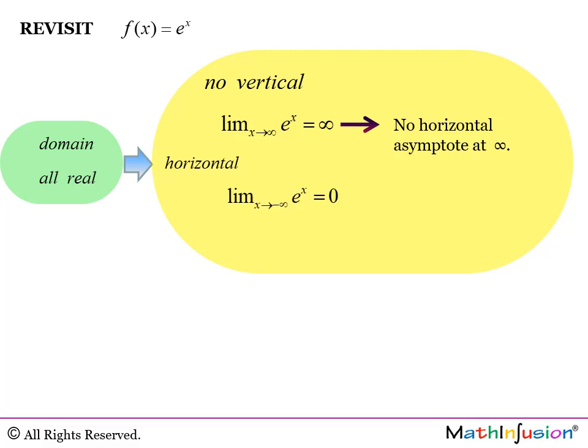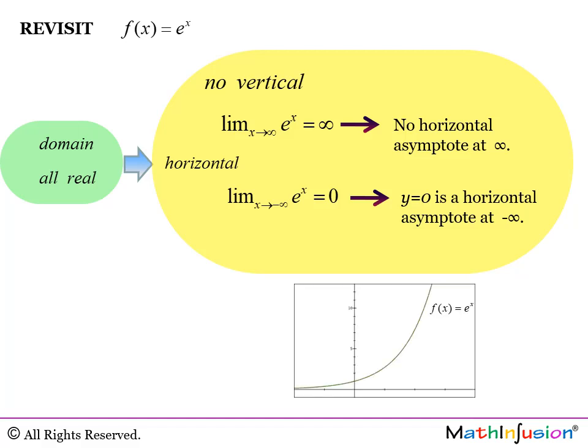But this limit is 0 at negative infinity. So y equals 0 is a horizontal asymptote only at negative infinity. Here is the graph of the function y equals e to the x, and you can see very nicely that there is only one horizontal asymptote, y equals 0, at negative infinity.